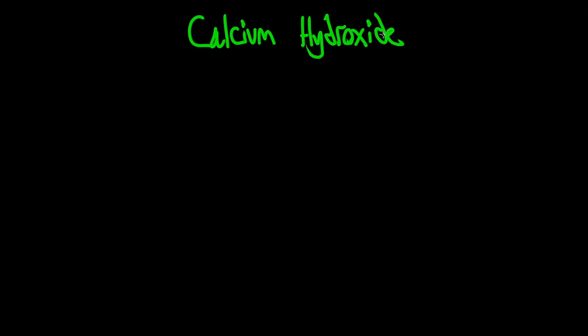Okay, let's do another one, calcium hydroxide. Calcium is in group 2 on my periodic table, and so I'm going to do Ca plus 2, and my OH, like I've seen before, is going to have a -1 charge.